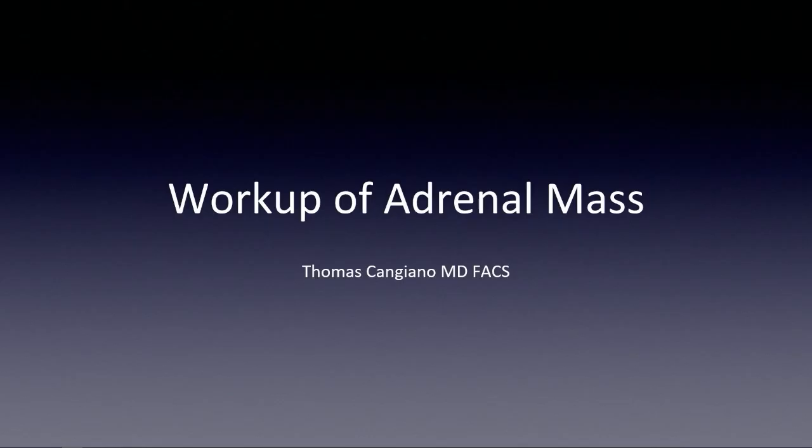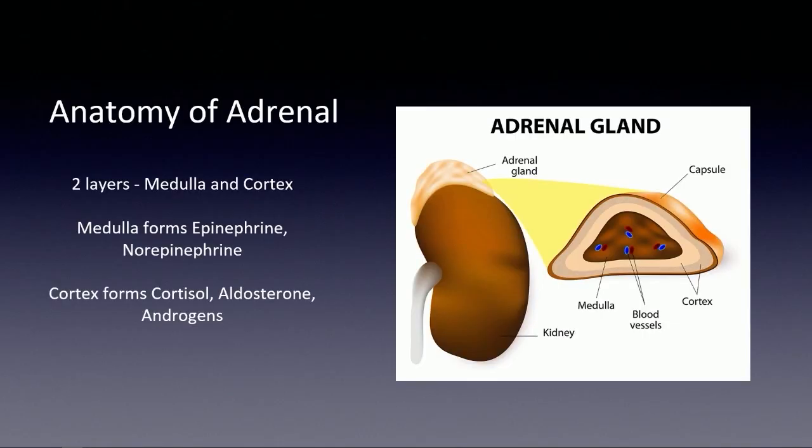Just recognize that, especially if you're in Epic, there's only 8 labs you need to know about. And that'll be the simplest way to work up 99% of adrenal masses, okay? So it's not that complicated as you think. It's actually become simplified. Technology is better. Back in my day, we didn't know what was going on, and it was kind of difficult to diagnose.